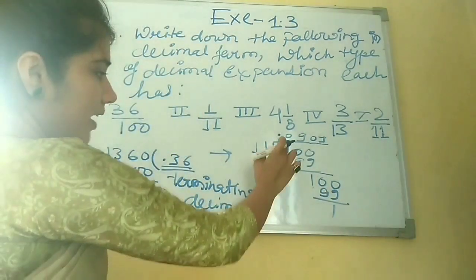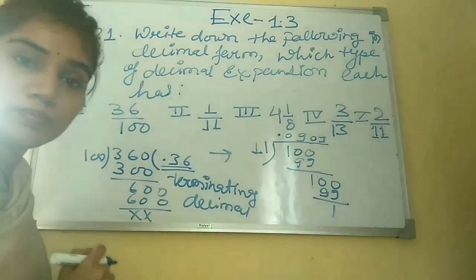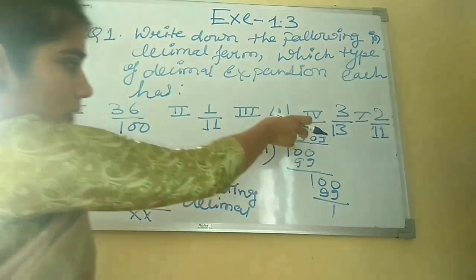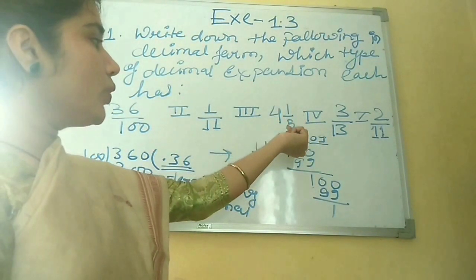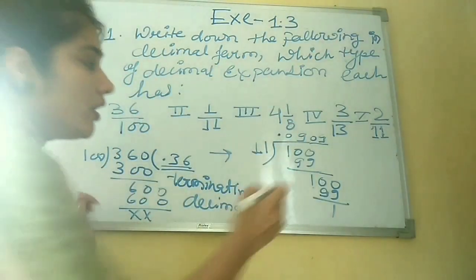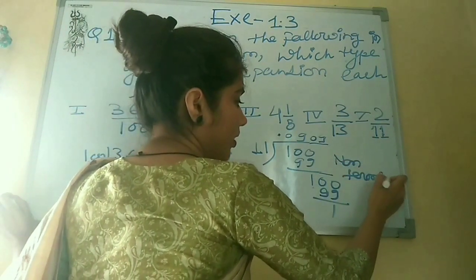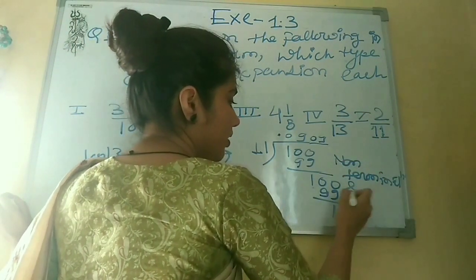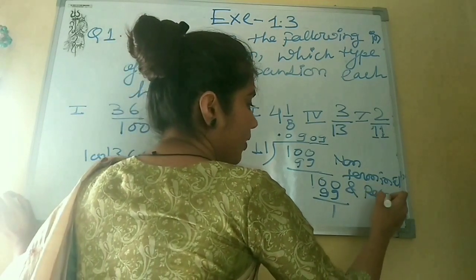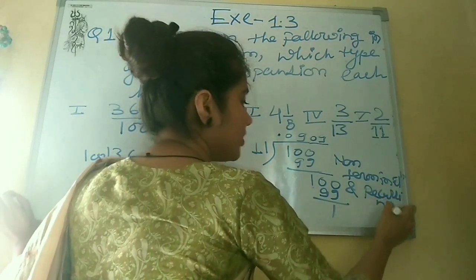So you are seeing that the 1 is in a repeating form, and again in the quotient we are getting 0909 in a repeating manner, which means it is non-terminating and recurring, because it is following a pattern.